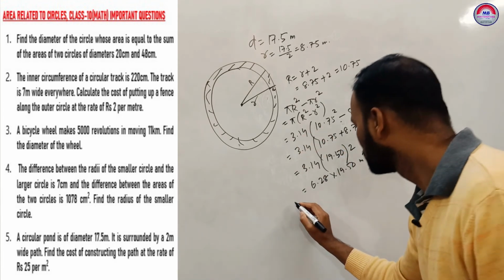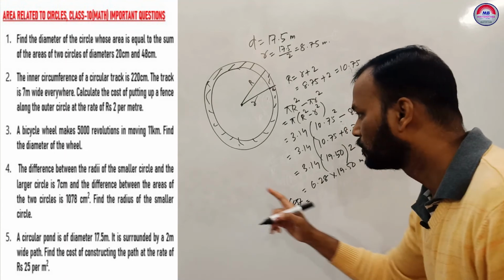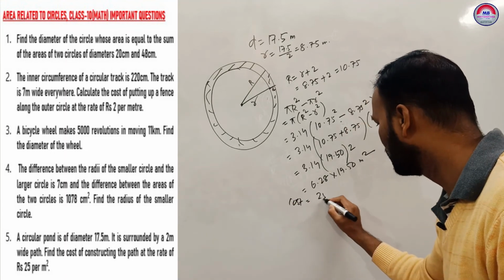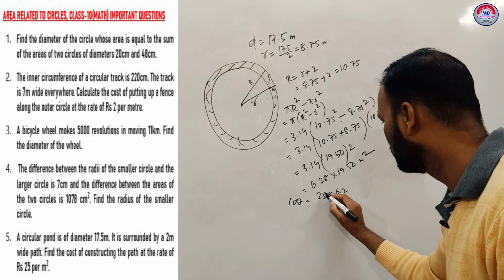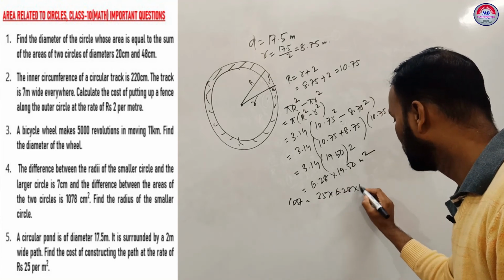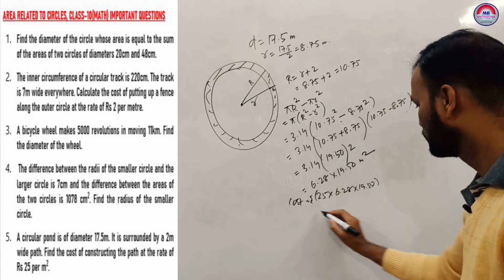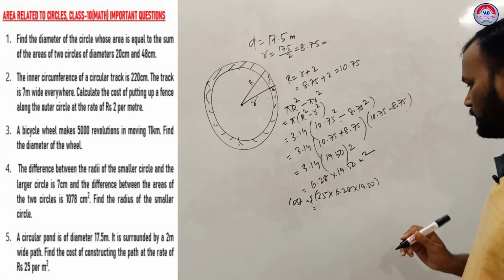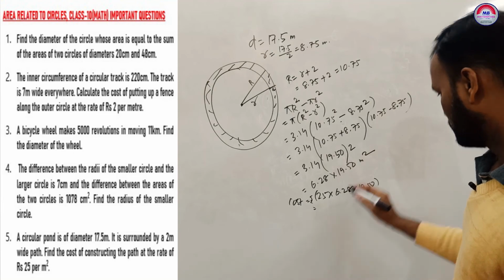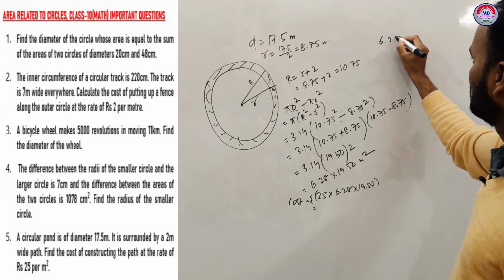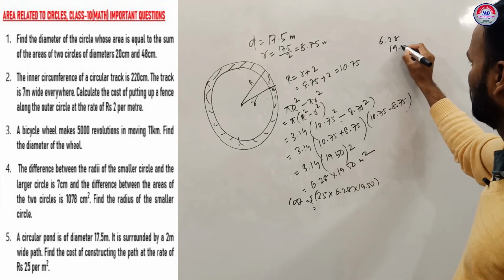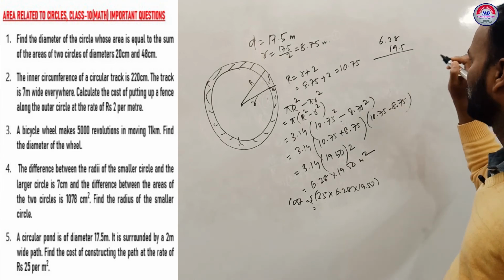Then cost: cost equal to 25 per meter square, 25 into 6.28 into 19.50 rupees. You can find rupees. You multiply 6.28 into 19.5, then with 25.